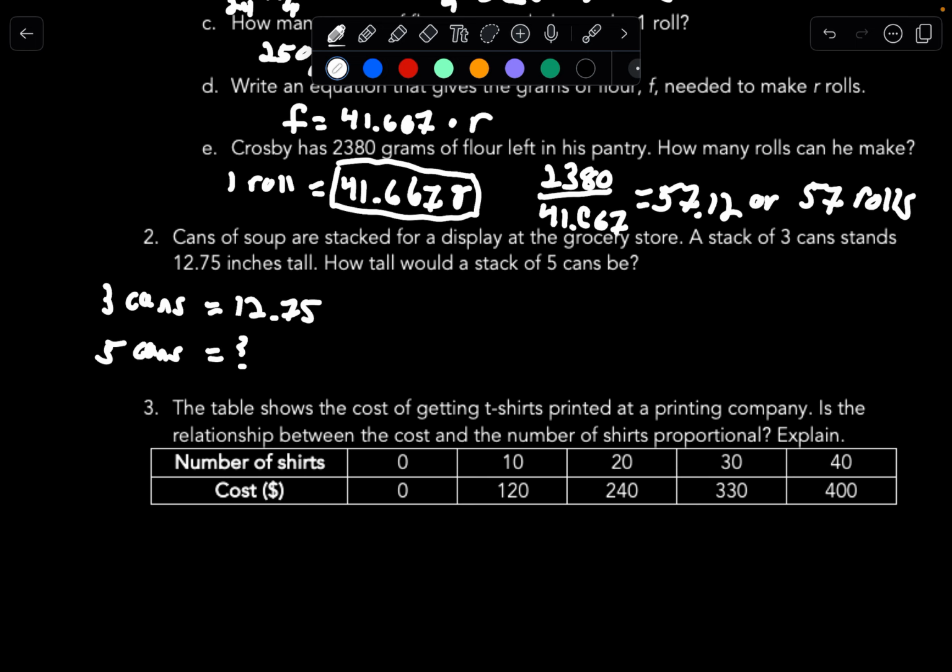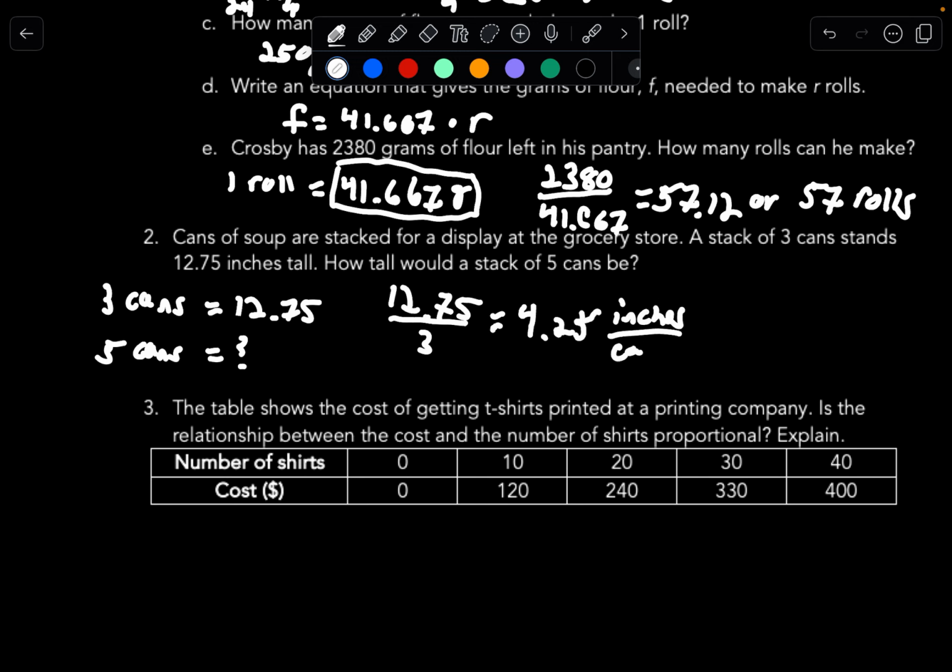Well, what I would do is get the unit rate. 12.75 divided by 3 will tell me the height per can. 12.75 divided by 3 is 4.25, and that's inches per can.